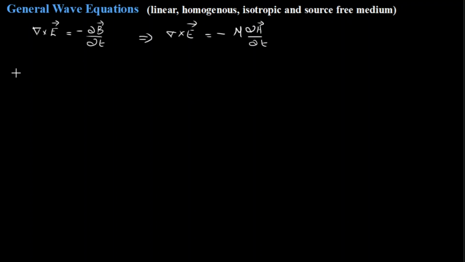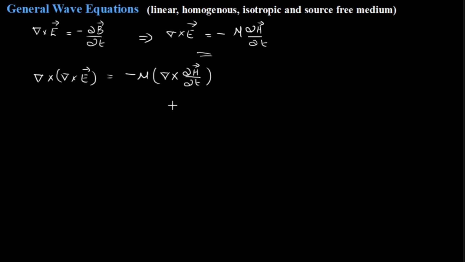Now to proceed, I am going to find curl on both sides of this equation. So it becomes curl of curl of E on the LHS, and on the other side I will put this constant outside, and it becomes curl of partial differential of H with respect to time.